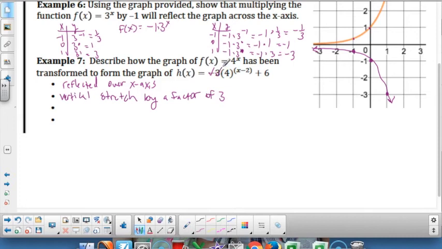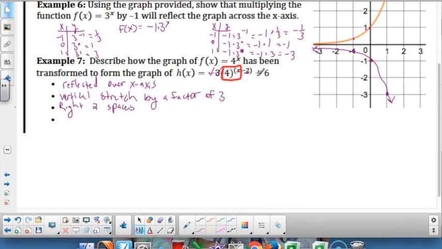Okay, so that's taken care of. My 4 and my x are the parent function, so they don't constitute a change at all. The next thing though is I've got this -2. Subtracting inside the parentheses, or with the variable, moves it to the right 2 spaces.